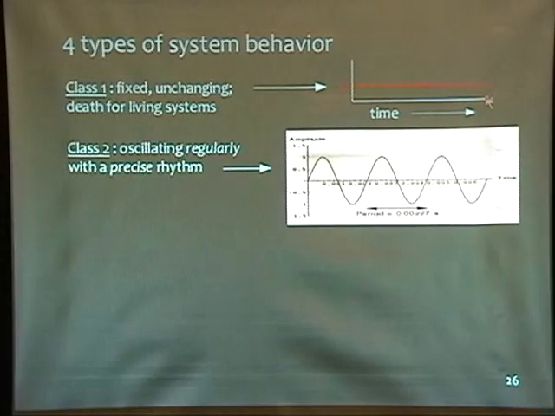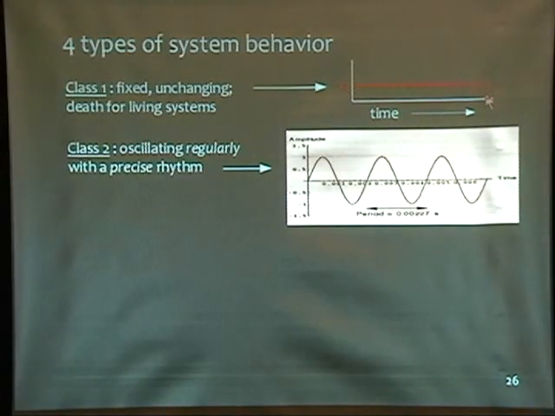It's a sine wave in trigonometry. 1, 2, 1, 2, 1, 2, over and over and over again. It's very boring, and not much in nature is class 2. Crystals vibrate on a class 2, but living systems are not class 2. Classes 3 and 4 are far more interesting.